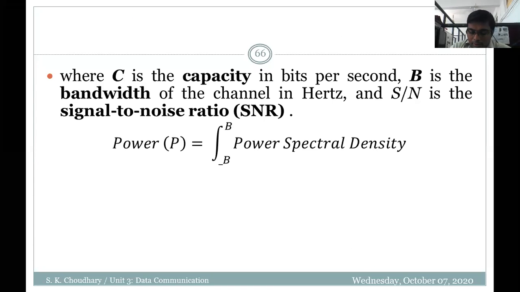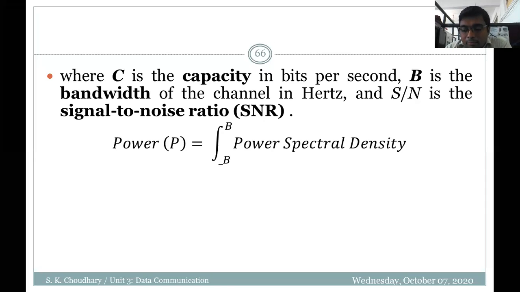Now, in the SNR, the parameter that we have to take into consideration is noise. So how do we calculate the SNR? Signal power upon noise power. So how do we generally calculate the noise power?